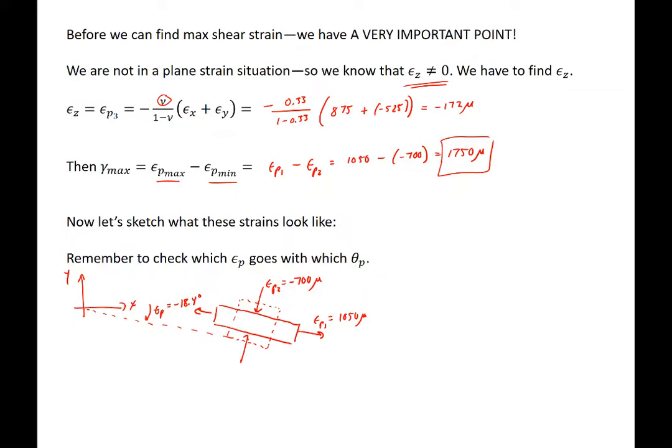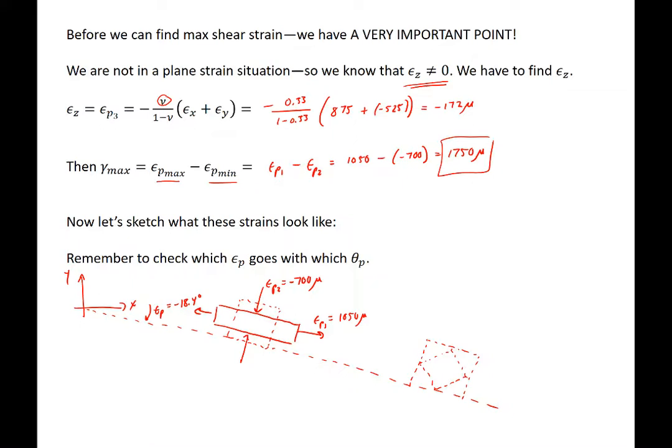We can also then sketch the shearing strain a little bit different way than we've done before. Instead of drawing a separate box at 45 degrees, I'm going to put a diamond shape in here, which is basically turning the box 45 degrees.